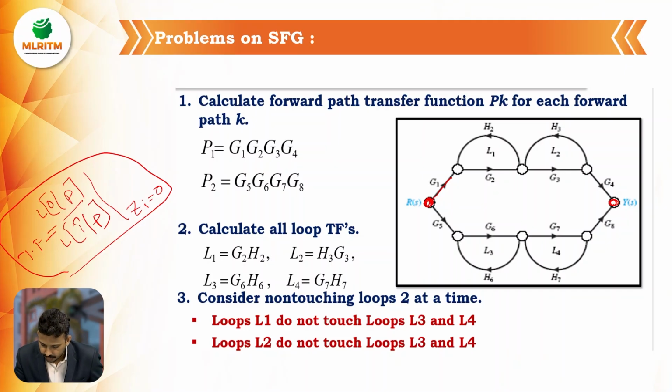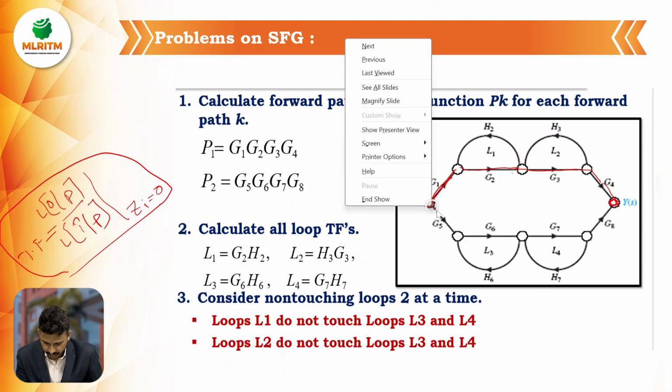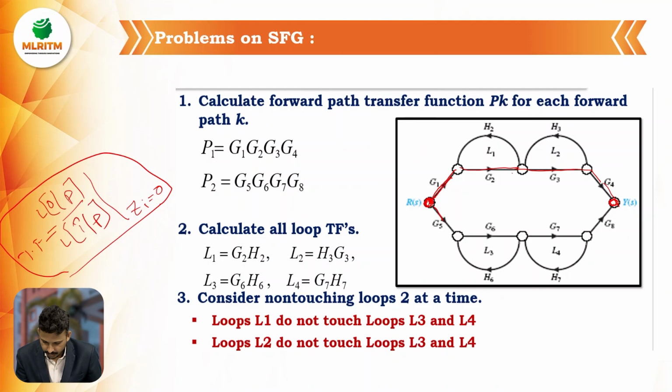So the signal travels through G1, G2, G3, G4, and finally reaches the output. Another forward path is G5, G6, G7, G8. This is the other forward path.